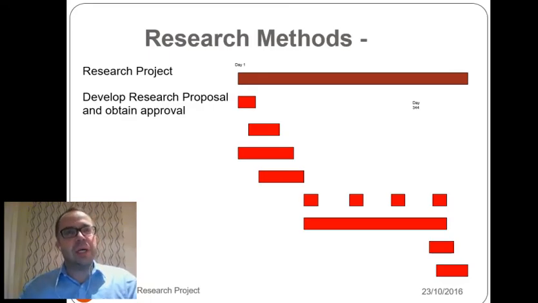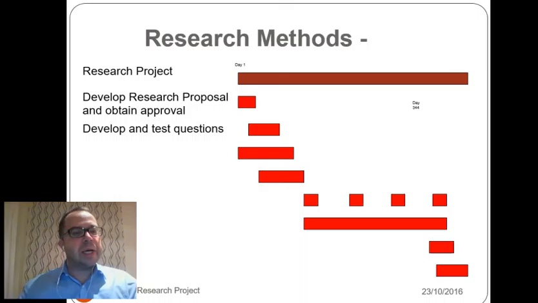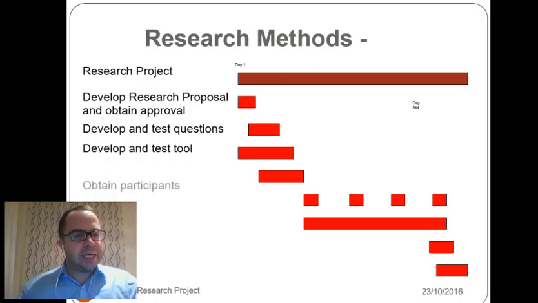For example, you develop your research proposal this week, you obtain an approval from your supervisor, then you try and develop your test questions for your research, any test tools, talk to your participants.